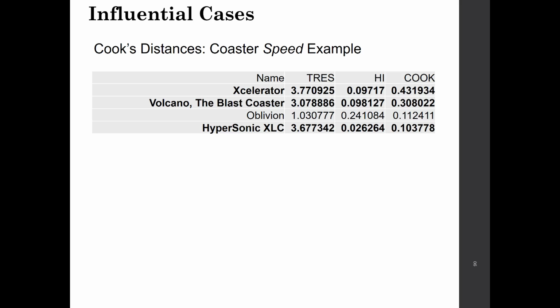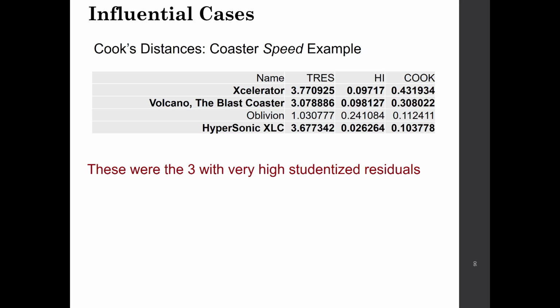Oblivion does not have a particularly high studentized residual. It has a very high leverage, but it doesn't have an extremely high Cook's distance. Hypersonic XLC has about the same Cook's distance as Oblivion and has a very high studentized residual, and because it fits with the other coasters in terms of being mechanically accelerated, we're going to group these 3 together.